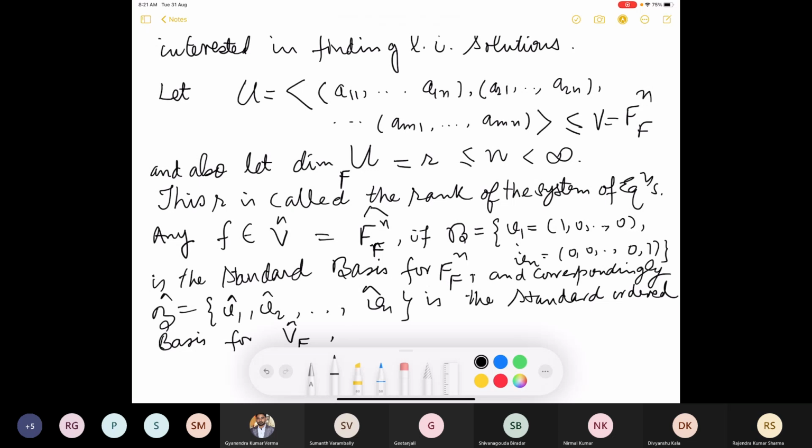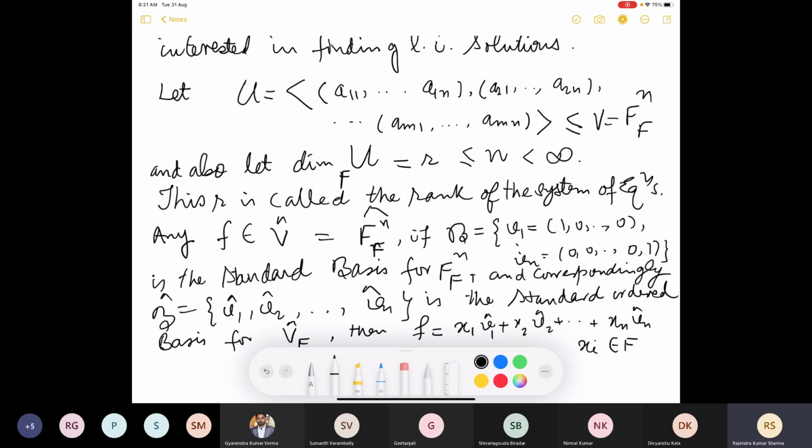Then this f can be stated as a linear combination x1 v1 hat, x2 v2 hat, and so on, xn vn hat, where these xi's are coming from F, as this is a vector space over the field F.